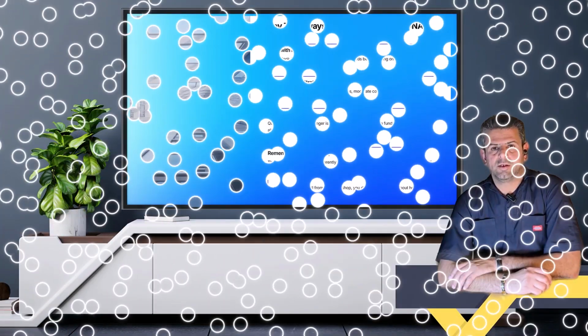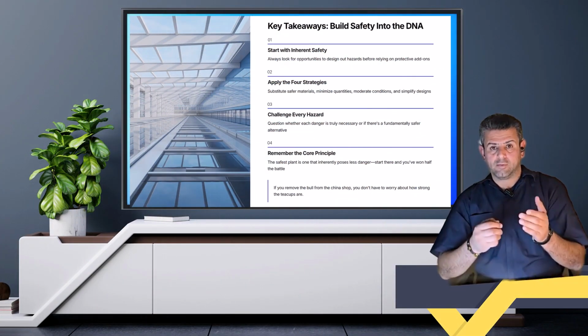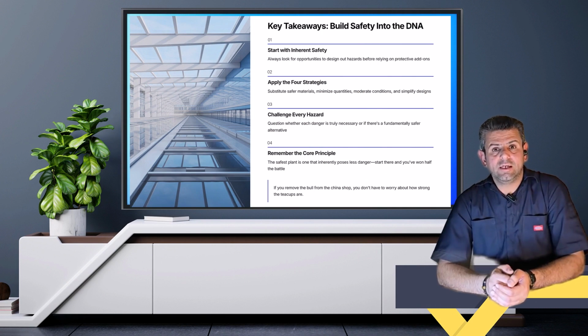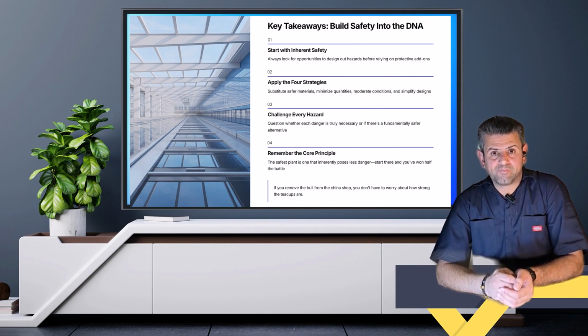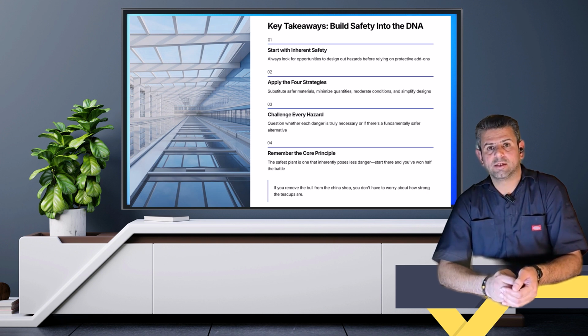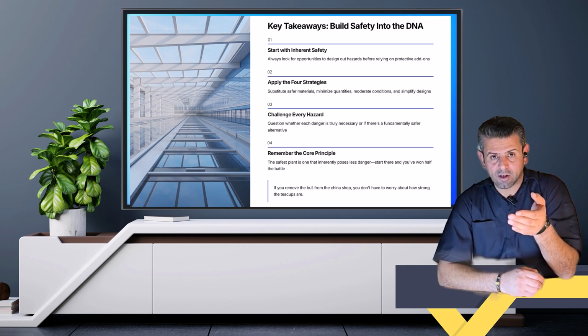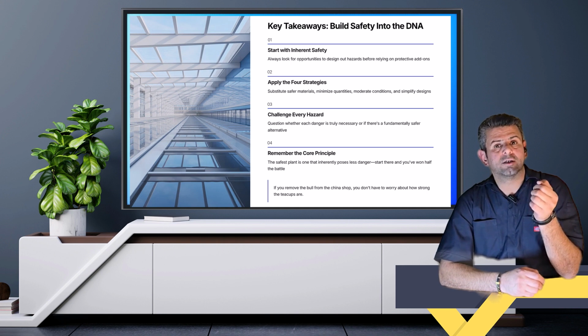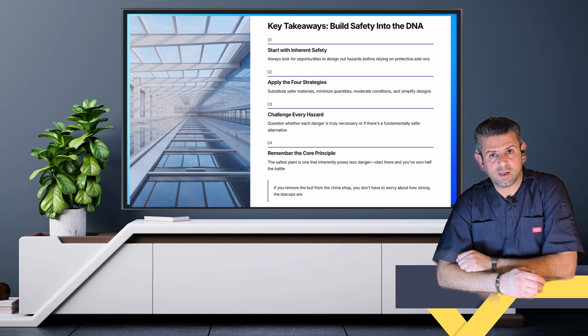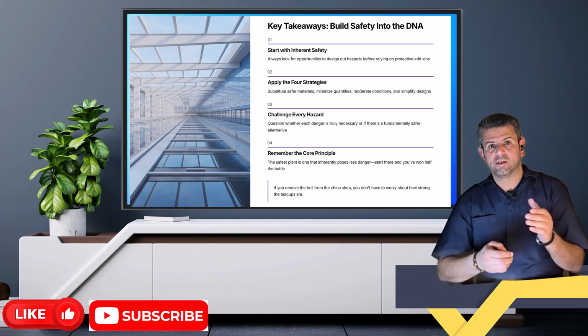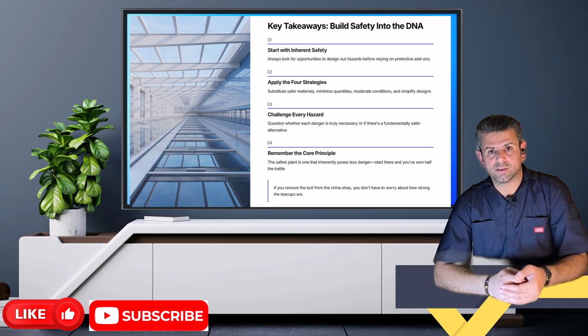In summary, inherently safer design is about building safety into the DNA of a facility. By substituting less hazardous material, minimizing the quantities we store, moderating operating conditions and simplifying design, we greatly reduce the chance of a disaster from the very start.